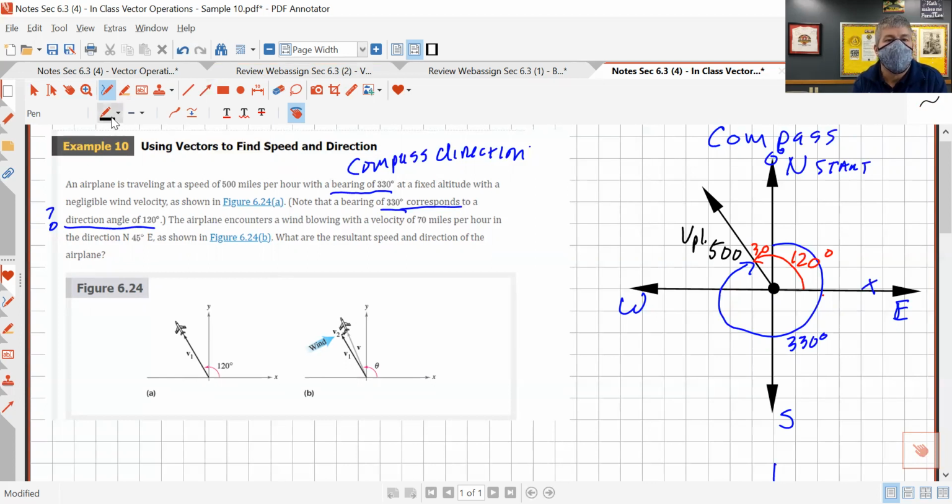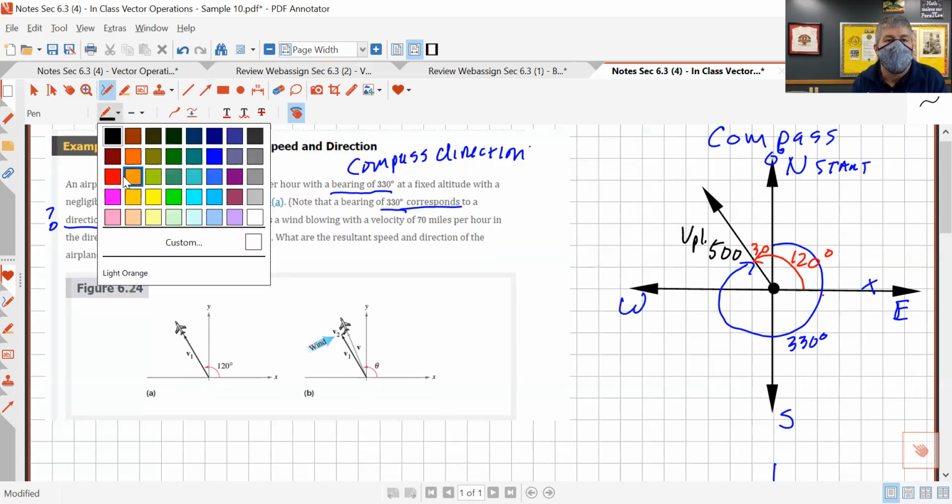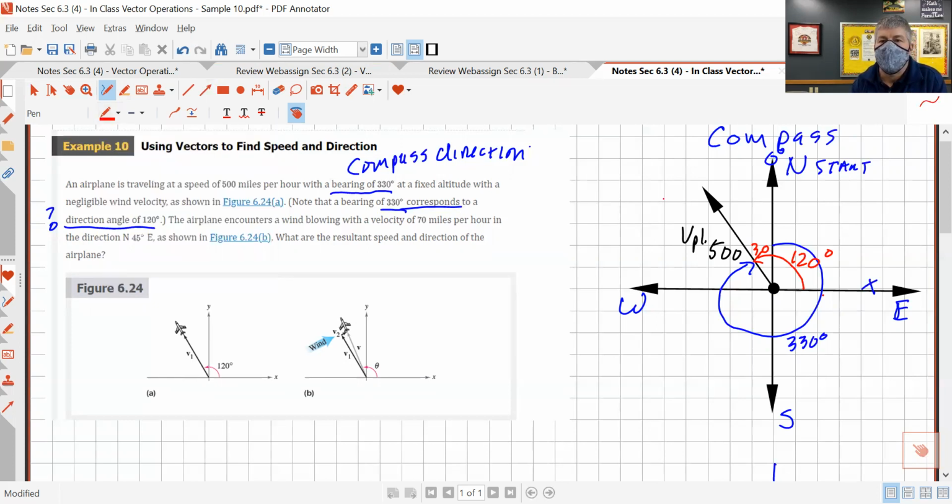And the wind is blowing at a 45-degree angle, right? So our wind is kind of coming this way, isn't it? But I'm going to put it at the end of my vector here. So the vector of my wind is this red one, isn't it?